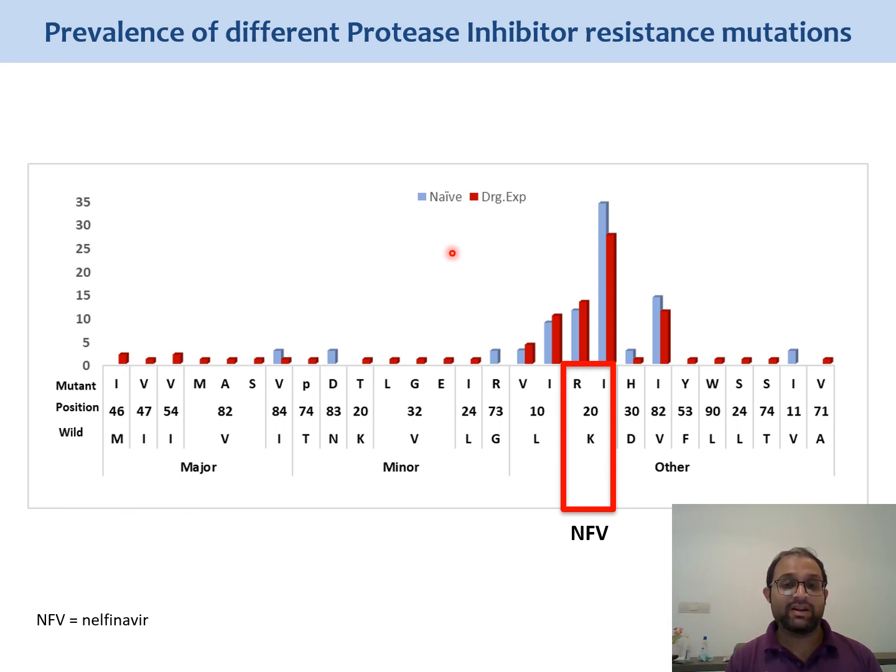Especially with the introduction of DTG, it's really important to go for integrase testing so we do not lead to a situation where the DTG resistance mutation also becomes common, because from the literature we have reports now that in some of the viruses from Africa and other parts of the world DTG resistance is also observed.